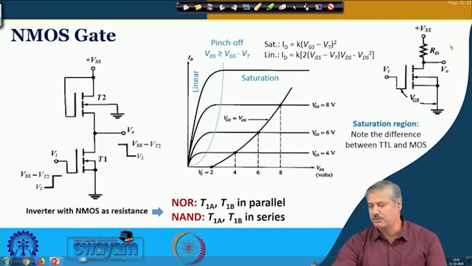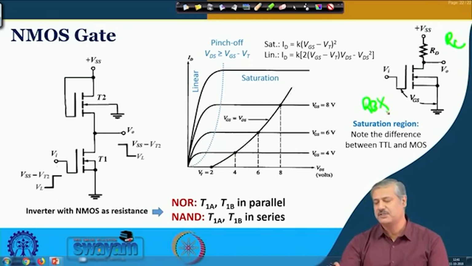This is similar to the earlier case with RC, but RB is not required because the input is connected to an insulator. Input impedance is very high, and this is an n channel enhancement mode MOSFET that we are using here. N channel is used because electrons have higher mobility.